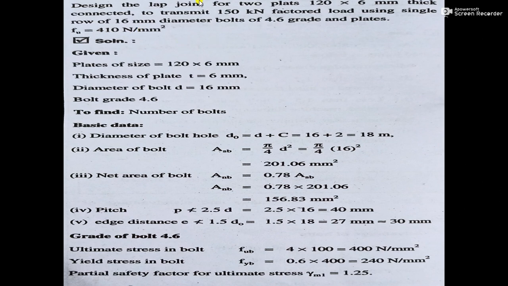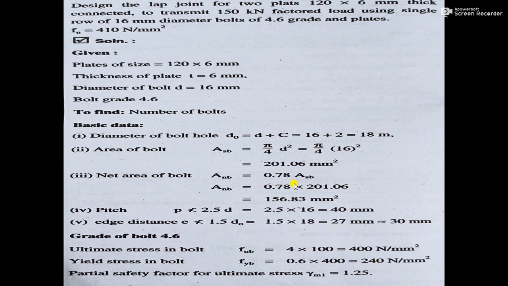Now in this problem all the values we have taken: we have calculated the gross diameter or hole diameter, the net area of bolt, the pitch, the edge distance, then the FUB, that is ultimate stress in bolt, and the partial factor of safety.